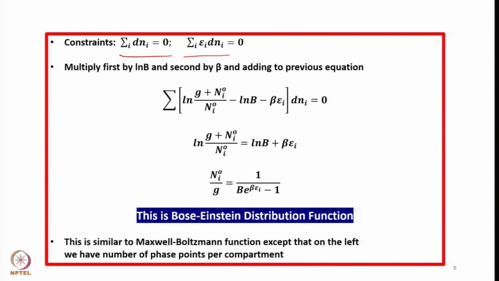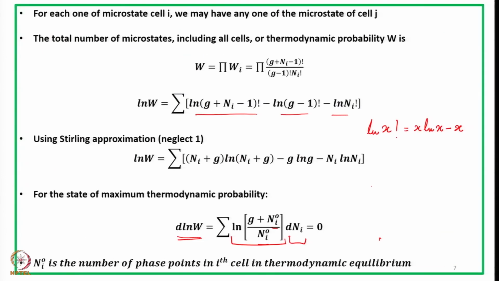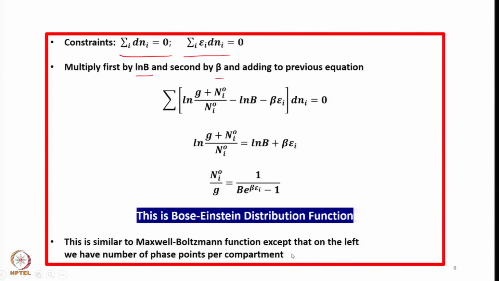Second, summation of Ei dNi should be 0. These are the same things which we discussed in Maxwell-Boltzmann distribution. There we multiplied by alpha and minus beta. Here we will multiply by log B and beta. Of course, if you go back, we are adding here and you are adding minus log B minus beta Ei, and now you treat this as 0.